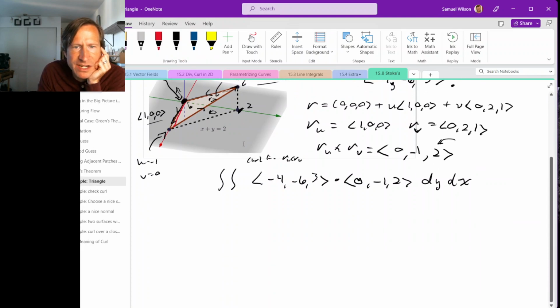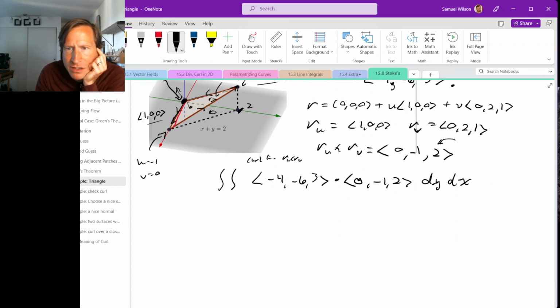Everything is linear, so u is going to go from 0 to 1, and then across this cross section, v has to go from 0 up to, I think, 1 minus u.